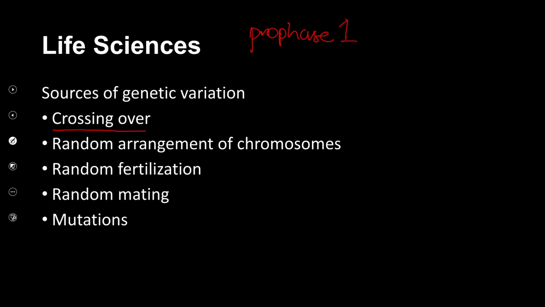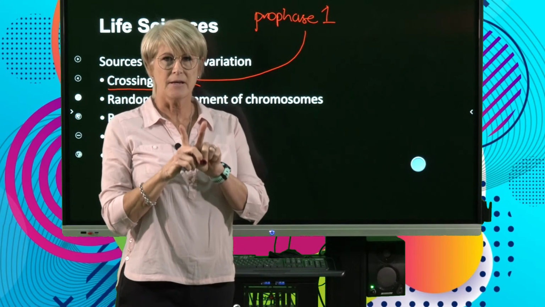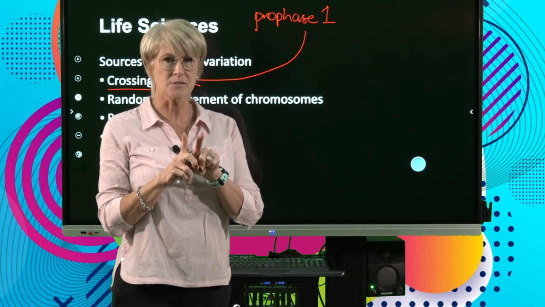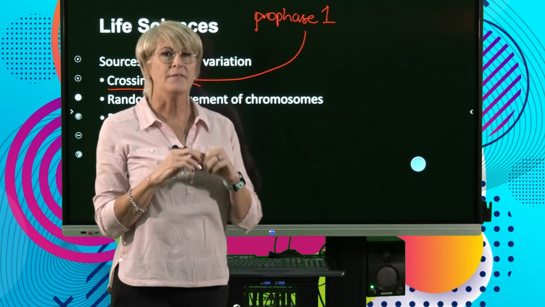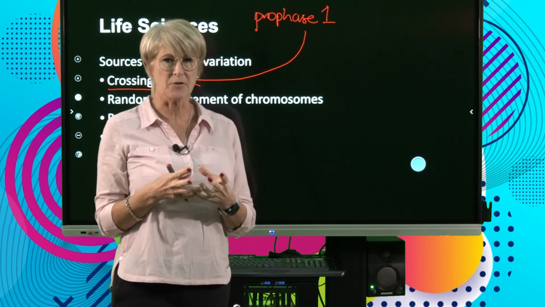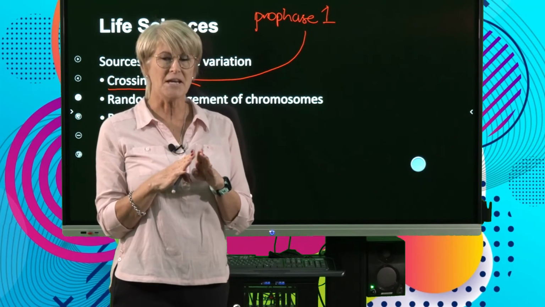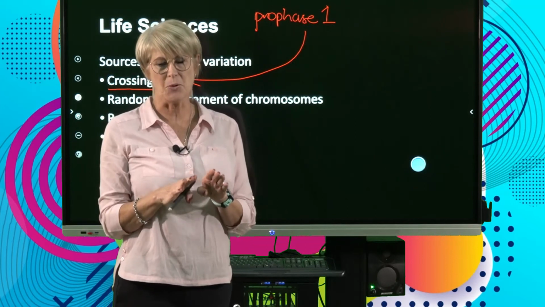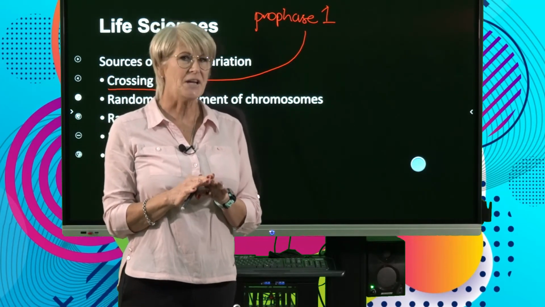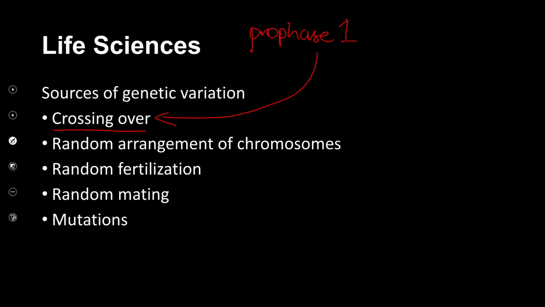Your homologous chromosomes lie together next to each other, and then non-sister chromatids cross over and exchange genetic material. So as soon as those chromosomes move apart, they are already not the same as they were when they started out. We've created genetic variation in crossing over.